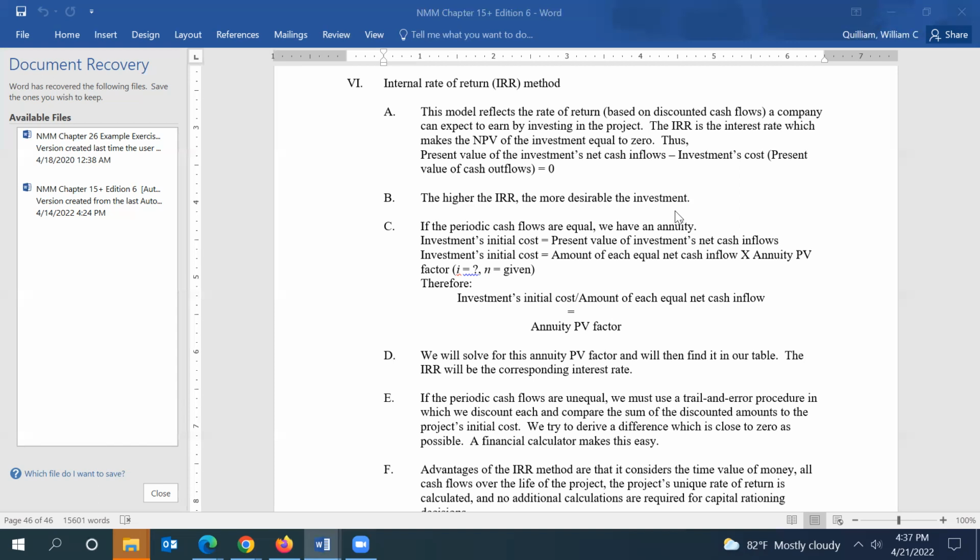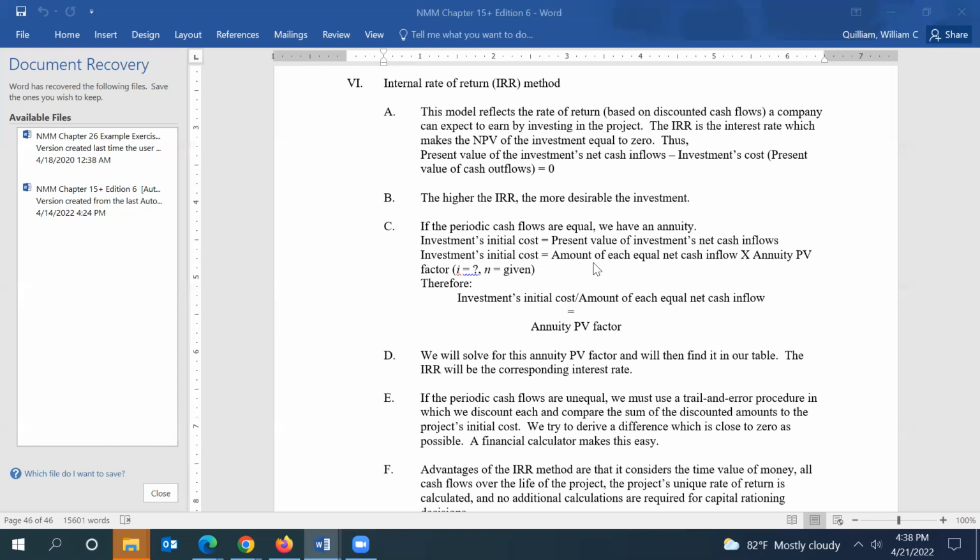Now, in C, we'll always assume the periodic cash flows are equal in this class. If so, we have an annuity. So we'll force the investment's initial cost to equal the present value of the investment's net cash inflows.